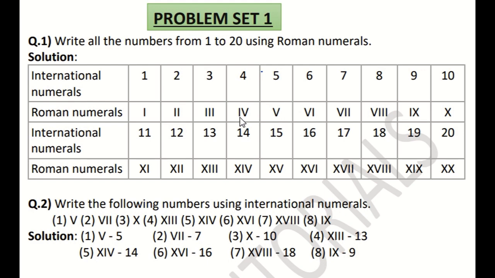That means 1 gets subtracted from 5, that is I is subtracted from V, and it equals 4. The symbol of 5 is V.